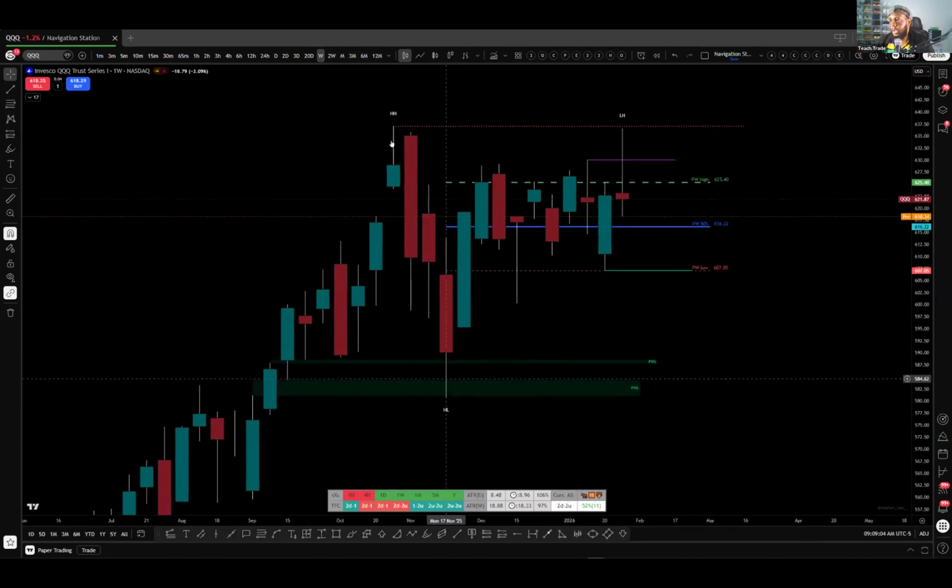On the week, we can kind of see that range a little bit more clearly. Can't take out this high. Doesn't really want to go below around here.